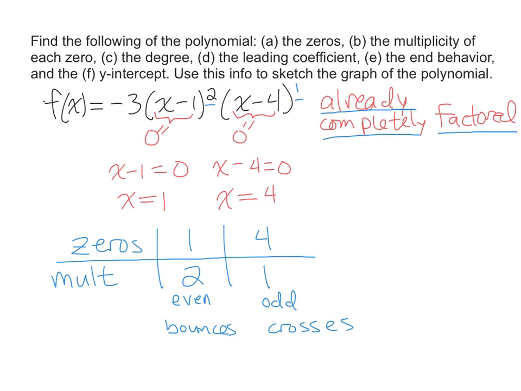So if it's odd, the graph will cross the x-axis at the zero, and if it's even, the graph will bounce off the x-axis at the zero.